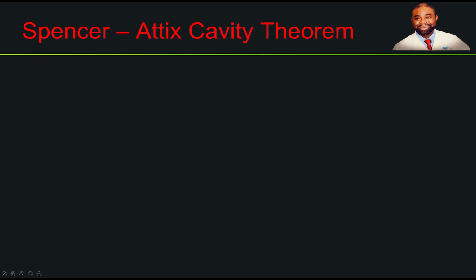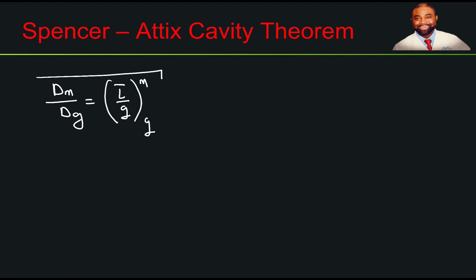And the fundamental rationale behind the Spencer-Attix theory is that the dose to medium divided by the dose to gas is essentially the ratio of the restricted stopping power ratios of the medium to gas, taking into consideration the generation of secondary electrons within the walls of the cavity.